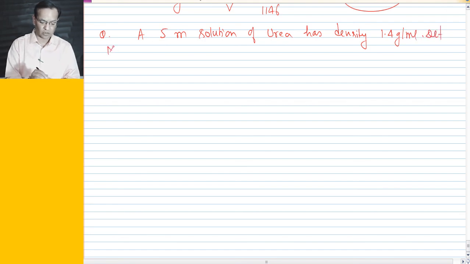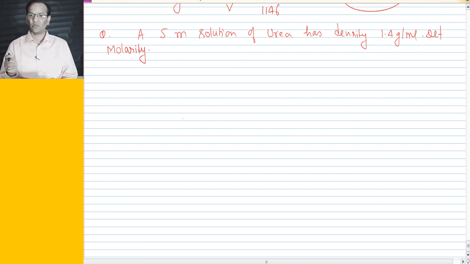Determine molality. Once again, more or less similar question, but I want to convey some information from the calculation of this question. So let us solve it.